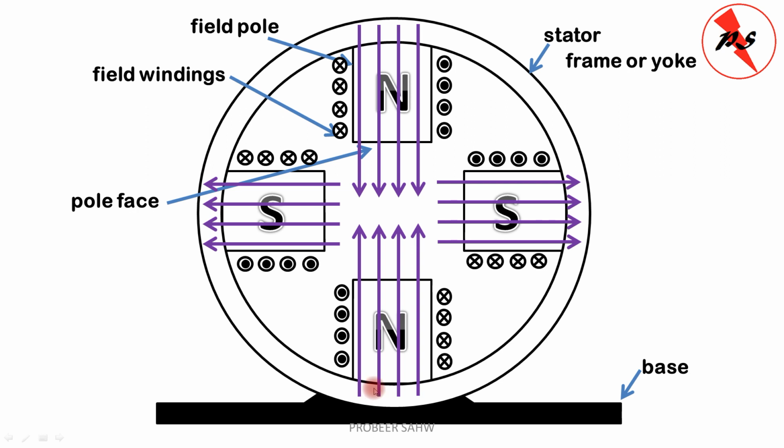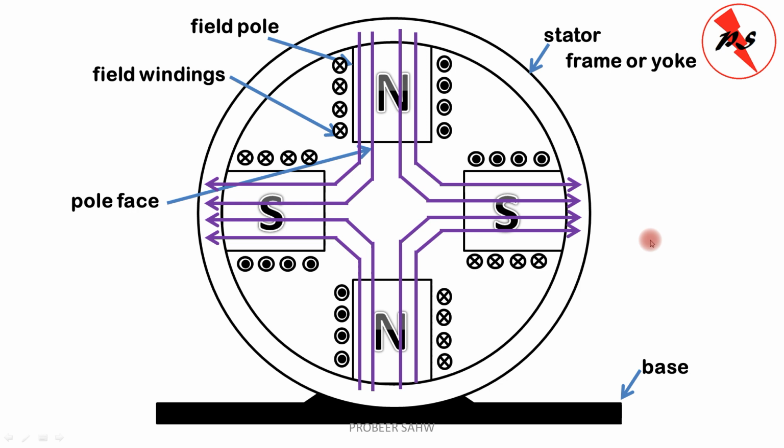Similarly, the fields coming out of this north pole, half of the lines will converge to this south pole and half of the field lines will go to this south pole, somewhat like this. Now the field lines that have originated from the north pole and have entered the south pole will go back to the north pole, because we know magnetic field lines are always circular.